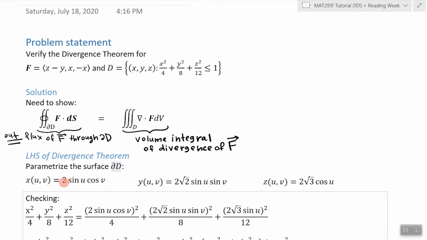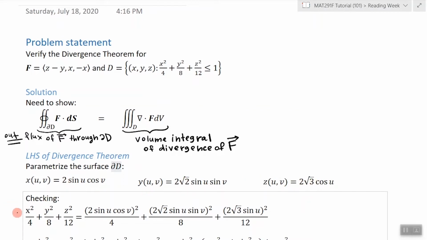So you see x is stretched by 2. The reason is that this is an ellipsoid that's stretched by 2 in the x direction, by 2 root 2 in the y direction, and by 2 root 3 in the z direction. That's why I'm choosing these factors here to represent that.